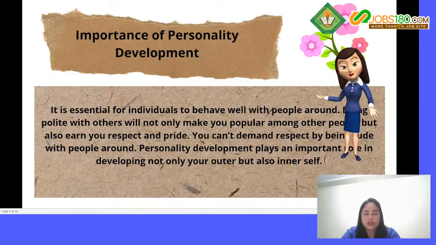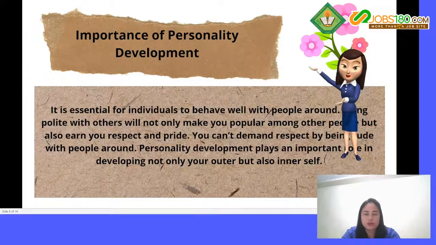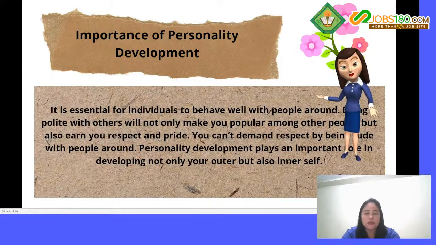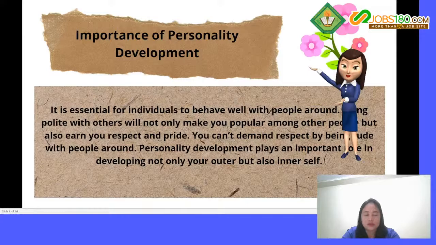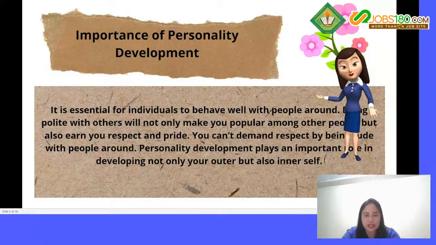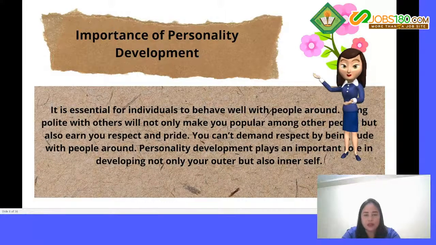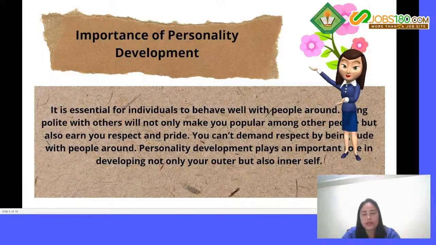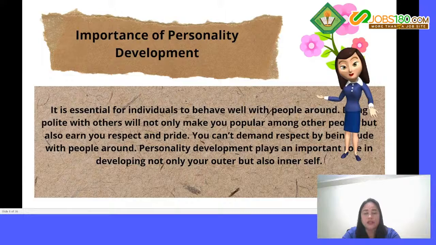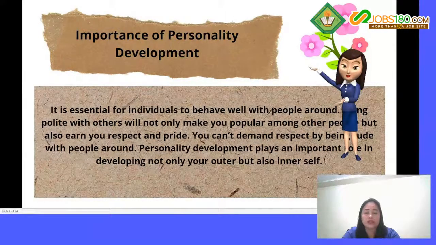Okay. You can't demand respect by being rude with other people. Hindi naman kailangan i-demand mo yung respect sa ibang tao. Ito ay kusang ibinibigay. Hindi ito hinihingi. Okay. Personality development plays an important role in developing not only your outer but also inner self.